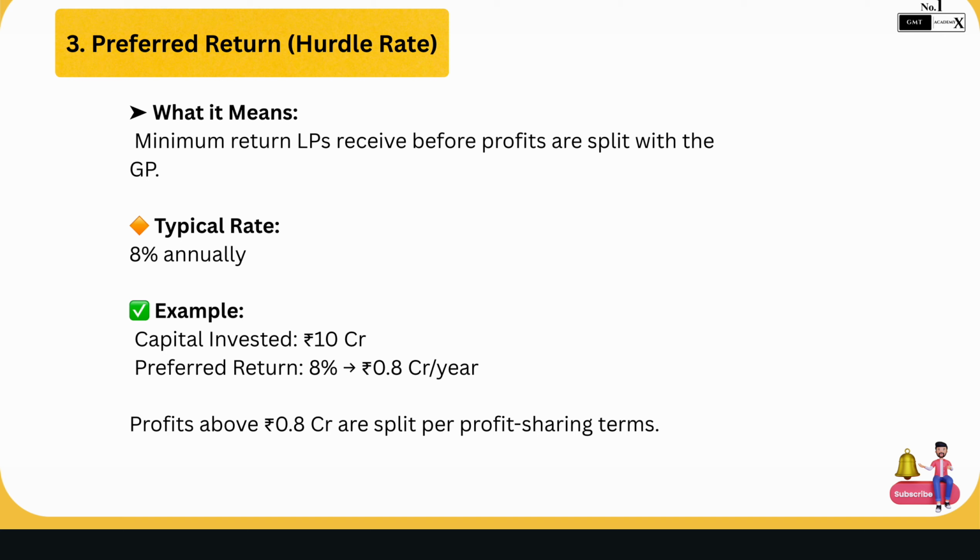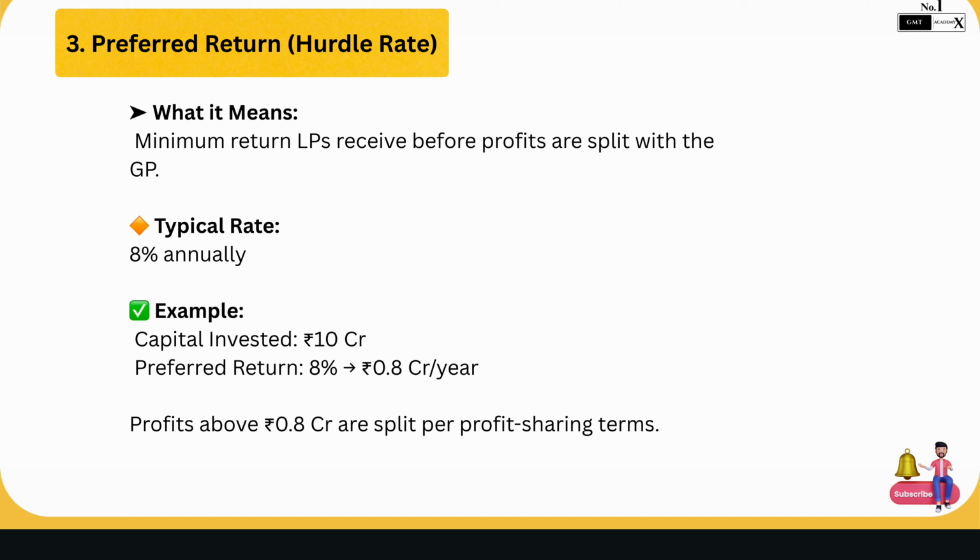Example: capital invested is 10 crore and the preferred return is 8%. So 10 crore multiplied by 8% divided by 100 gives 0.8 crore, which is the yearly value per annum as a preferred return, somewhere around 80 lakhs.